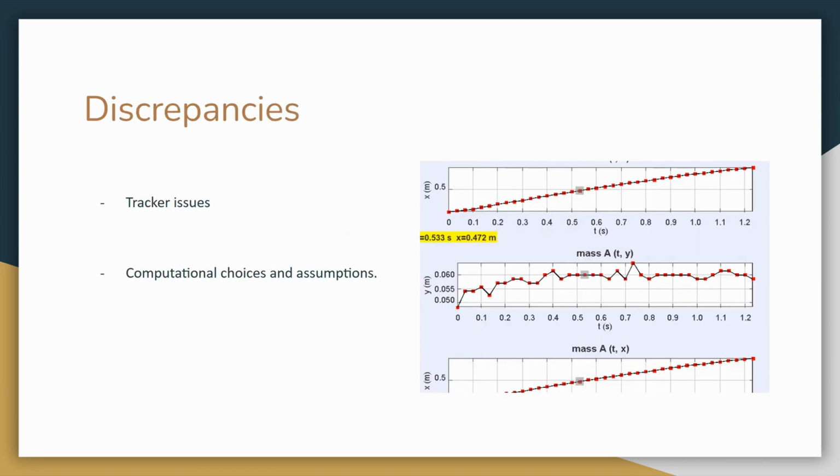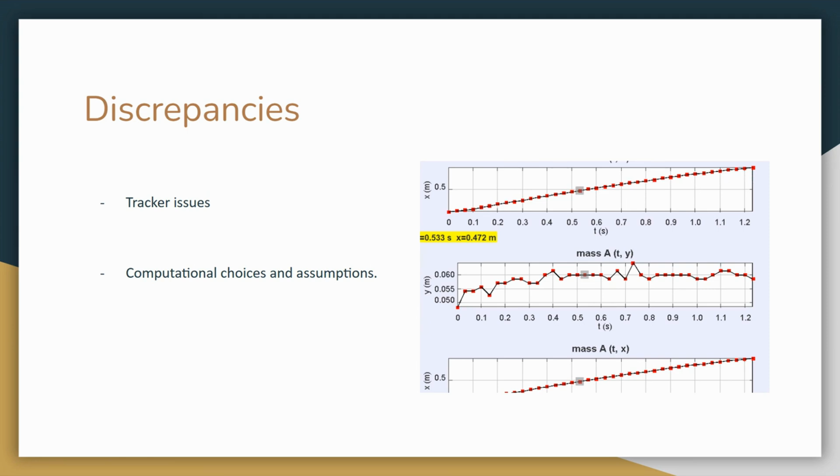Now, here are some of those discrepancies I was talking about. We interacted with some tracker issues where every time you did a manual input of location, of time gap, and of all the other data it needs, there were some chances to falter with the data and cause a bit of a difference in the points that were evenly spaced.